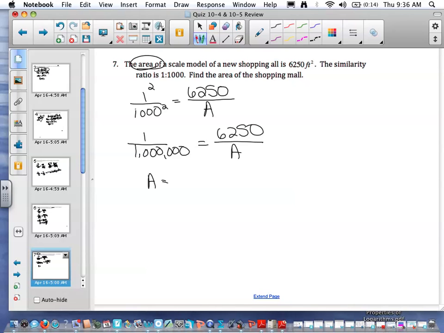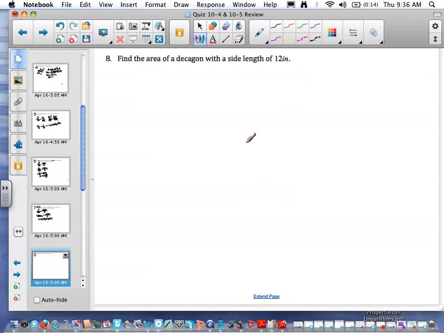So A is equal to 6,250,000,000. Okay? So remember, anytime you're talking about the similarity ratio and the area ratio, you take the similarity ratio and square it to get the area ratio.